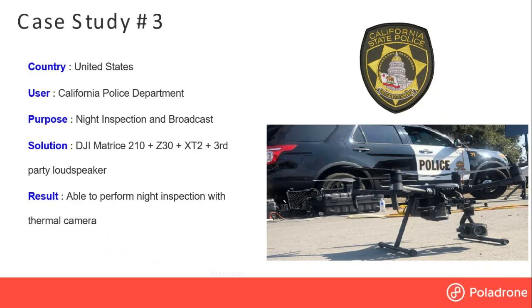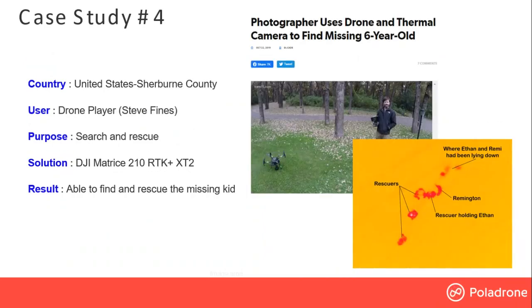Then the fourth one is a case study that actually happened in the United States. A photographer called Simplifies used the drone and the thermal camera to find a missing 6-year-old kid. He used the Matrice 210 RTK version plus the XT2. In the end, it helped the police find and rescue the missing kid.